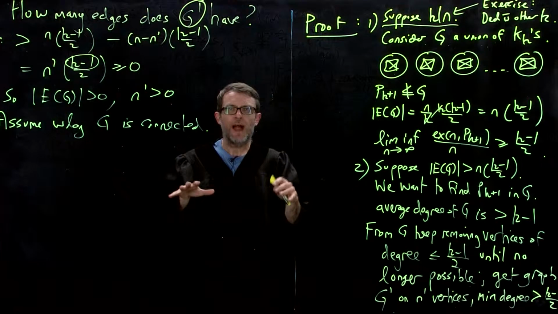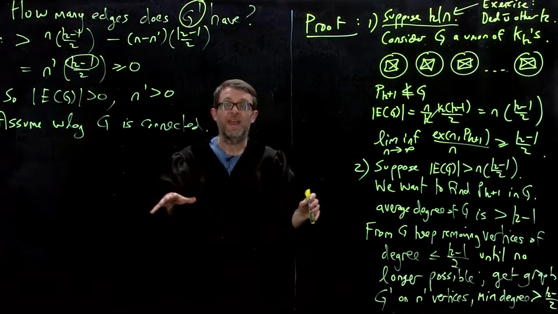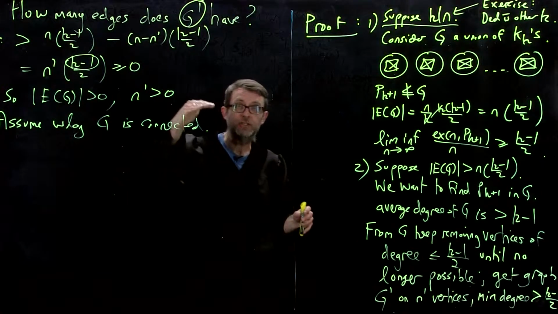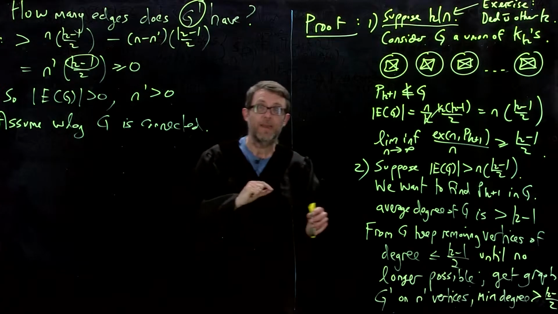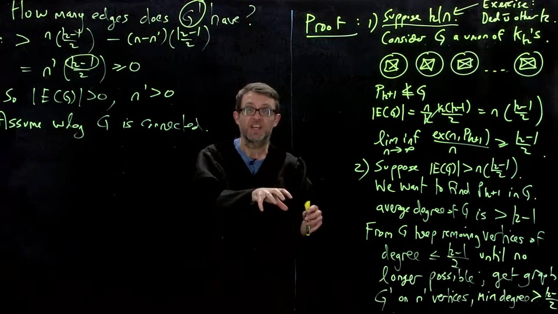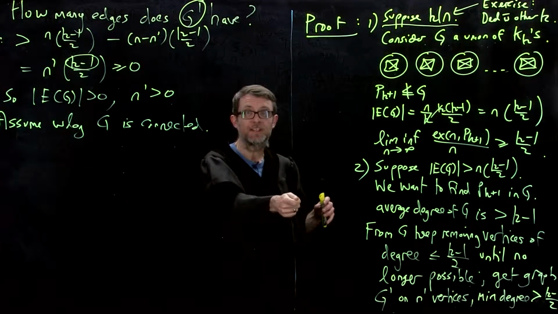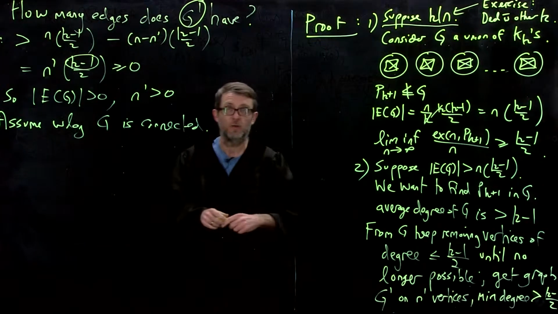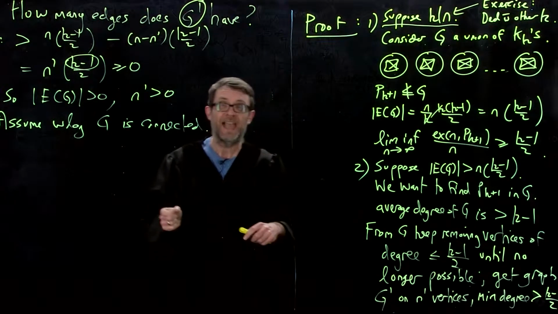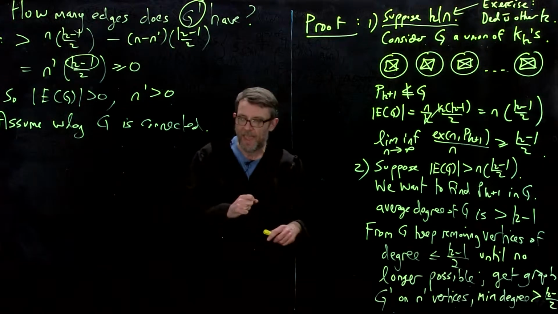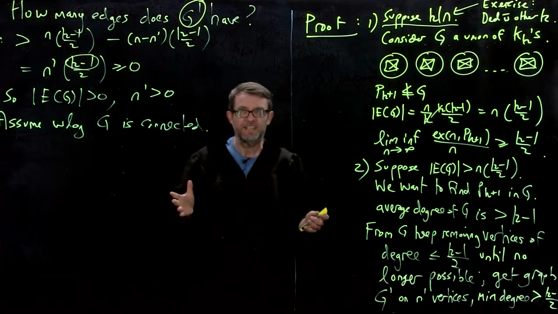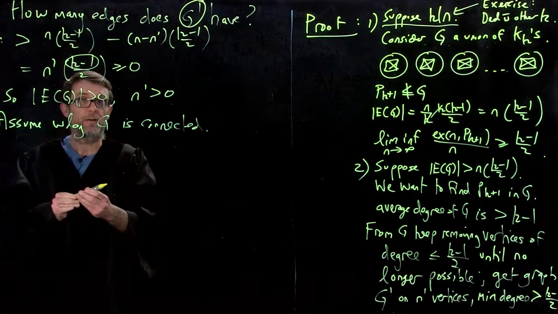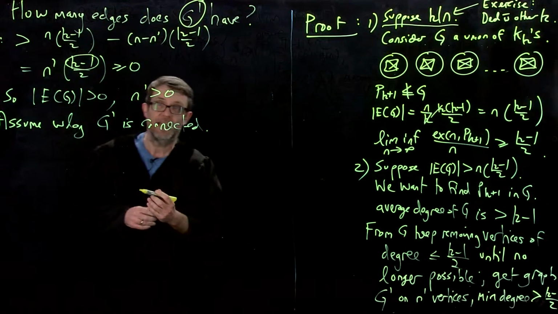Now, if the graph is disconnected, then at least one of the components is going to have the ratio of edges to vertices inside that component be bigger than k minus 1 over 2. Because if every component had the ratio being smaller than or equal to k minus 1 over 2, then the global ratio would also be smaller than or equal to k minus 1 over 2. If everybody on the Yankees is batting under .300, then the Yankees' batting average as a team can't be more than .300. So I'm going to assume without loss of generality that G prime is connected.